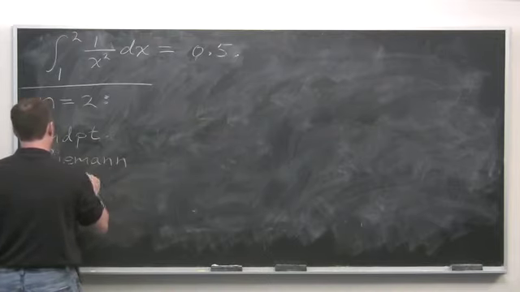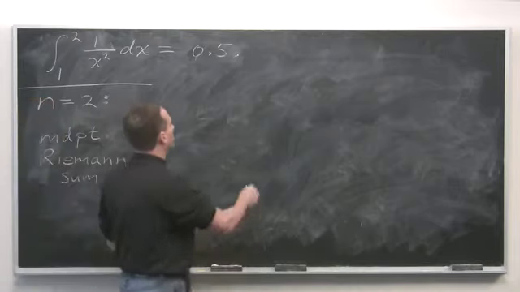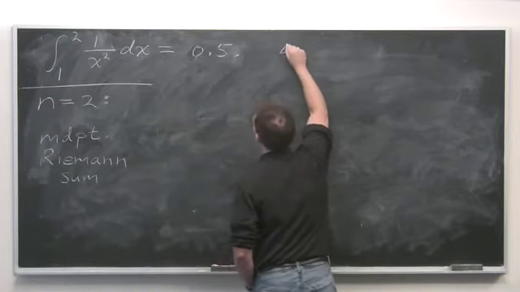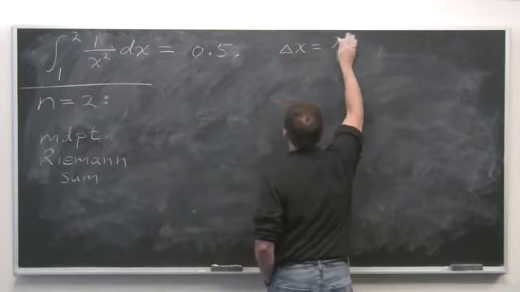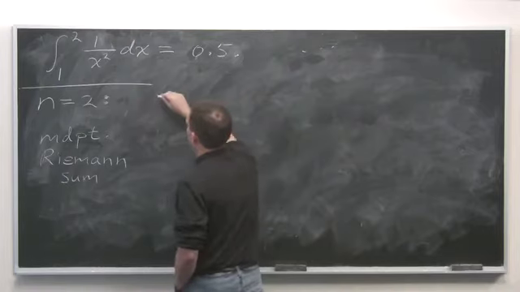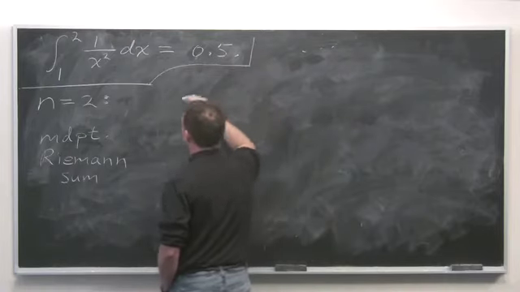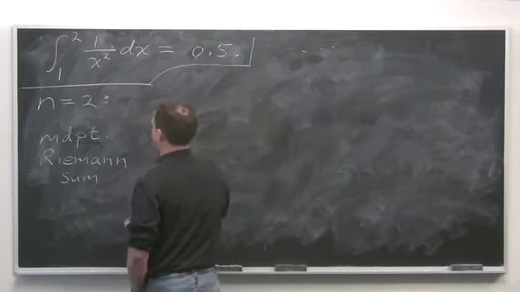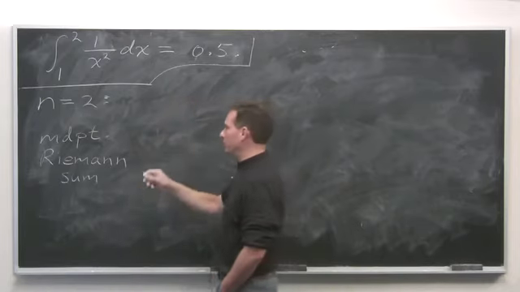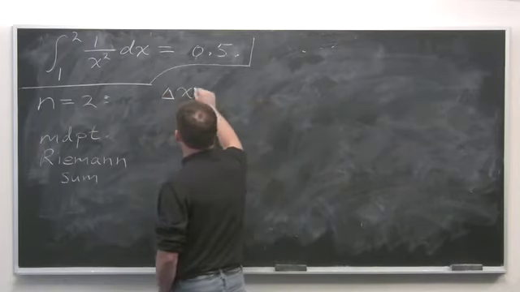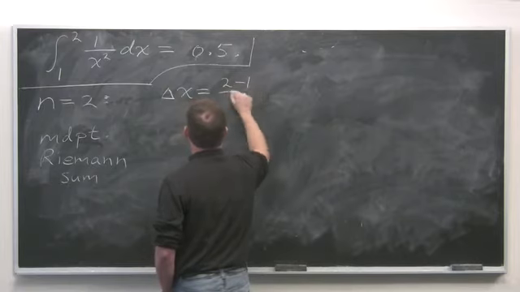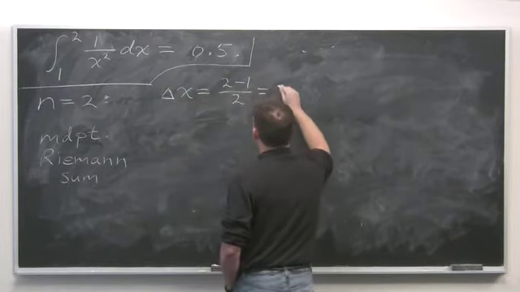All right. Well, actually, let's go ahead and write delta x for this problem. Once we picked n equals 2, delta x is b minus a over n. That's 2 minus 1 over 2. That's a half.